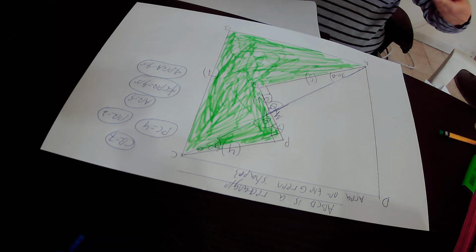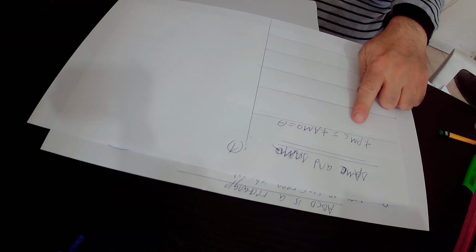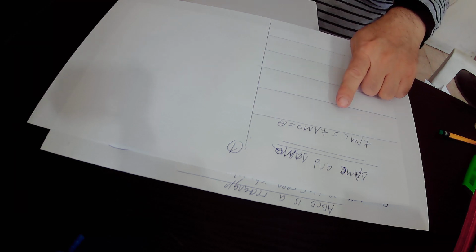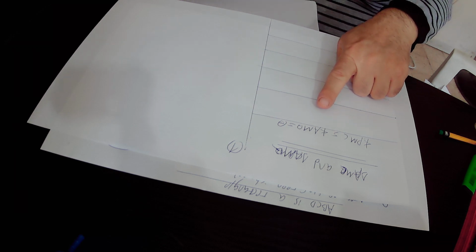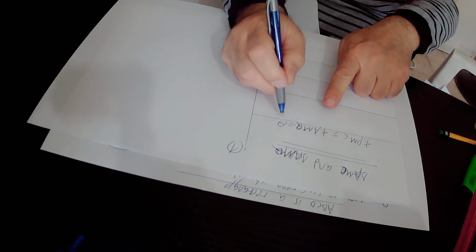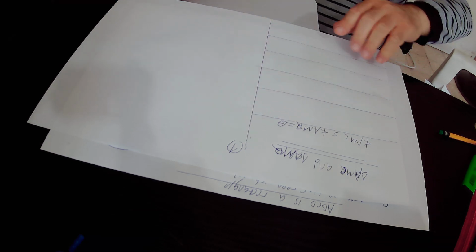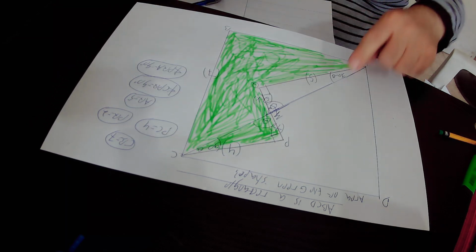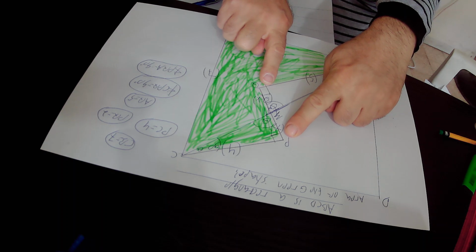Repeat again, angle PMC in the right triangle PMC equals angle AMQ in the right triangle AMQ. They are both equal to theta, therefore they are equal to each other. In addition, those two angles are both equal to 90 degrees, therefore they are equal to each other.